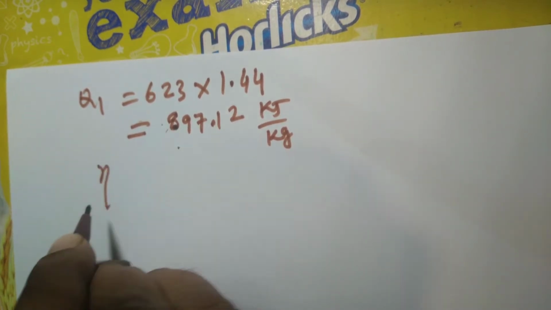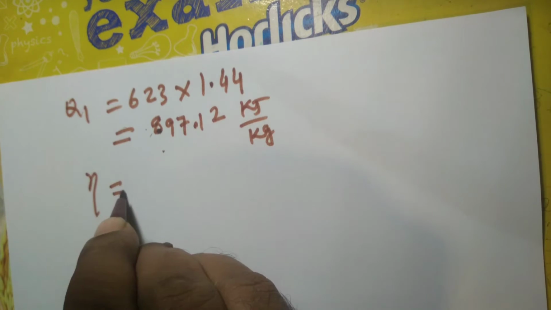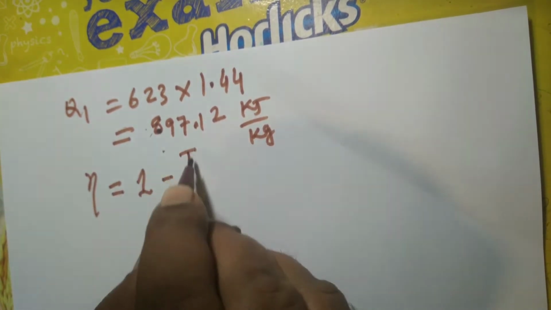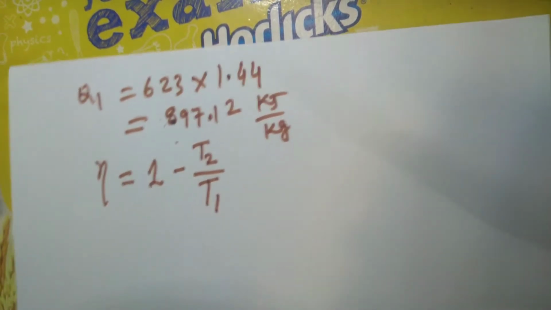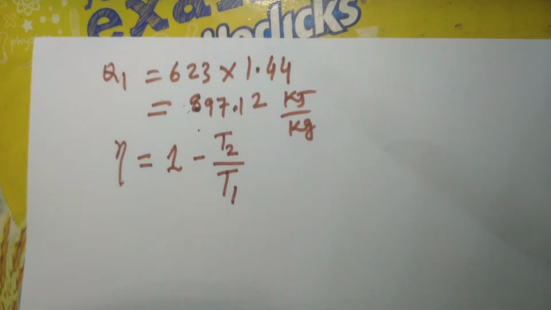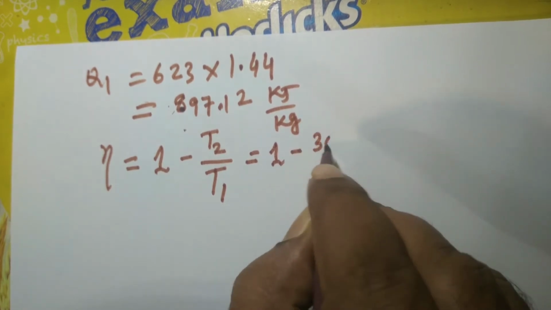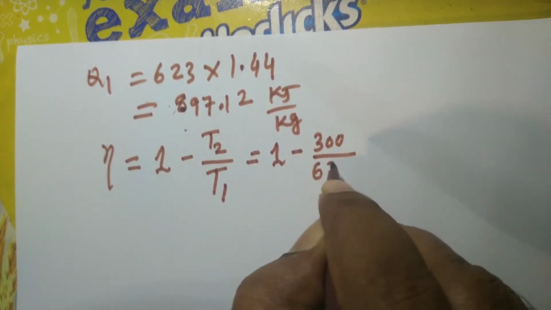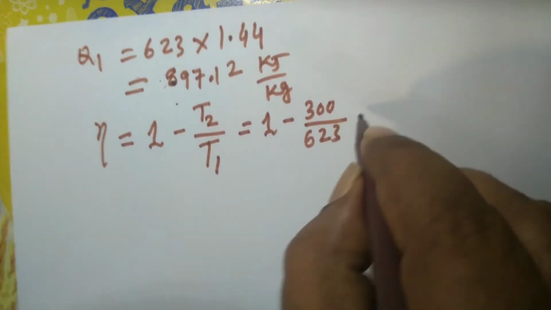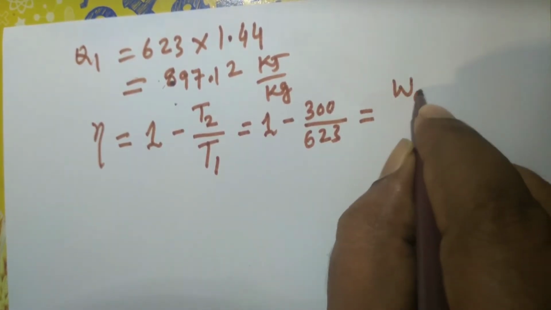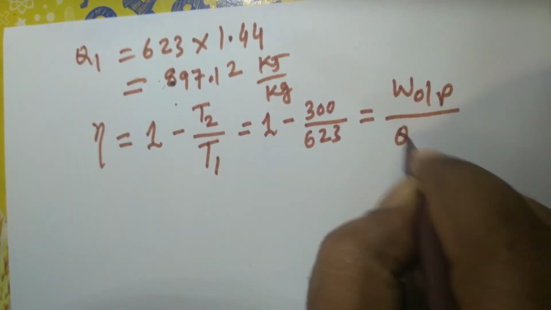We know that this is a Carnot cycle, and efficiency of Carnot cycle is nothing but 1 minus T2 divided by T1. Efficiency of Carnot heat engine or any reversible heat engine is nothing but 1 minus temperature of sink expressed in Kelvin divided by temperature of source expressed in Kelvin. This is equal to 1 minus 300 divided by 623, and this is again equal to work output divided by heat supplied.